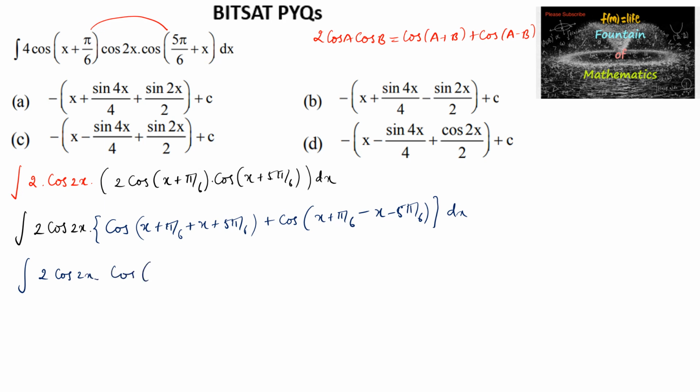cos of x plus x, that is 2x, pi by 6 plus 5 pi by 6 is 6 pi by 6, that is pi, plus again cos, here pi by 6 minus 5 pi by 6 is minus 4 pi by 6, that is minus 2 pi by 3.